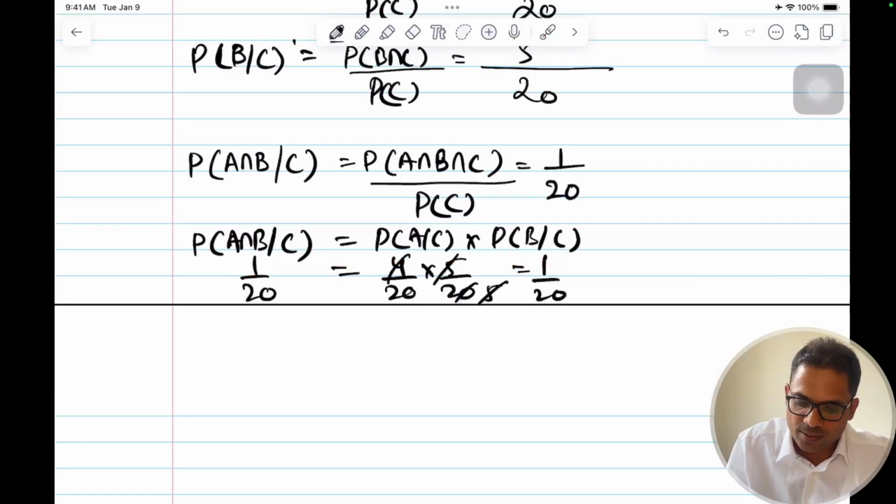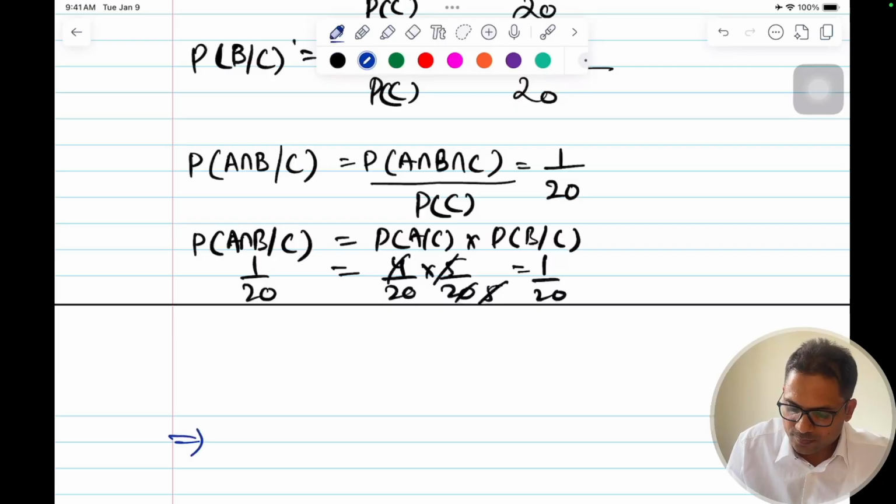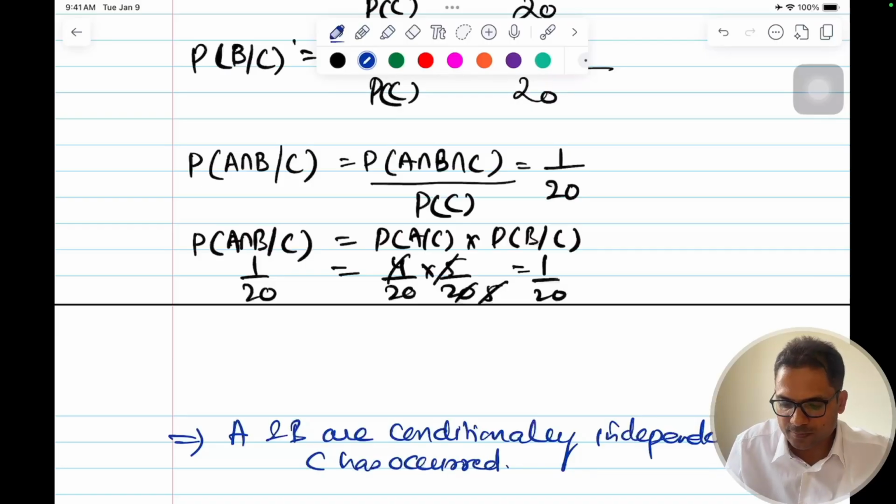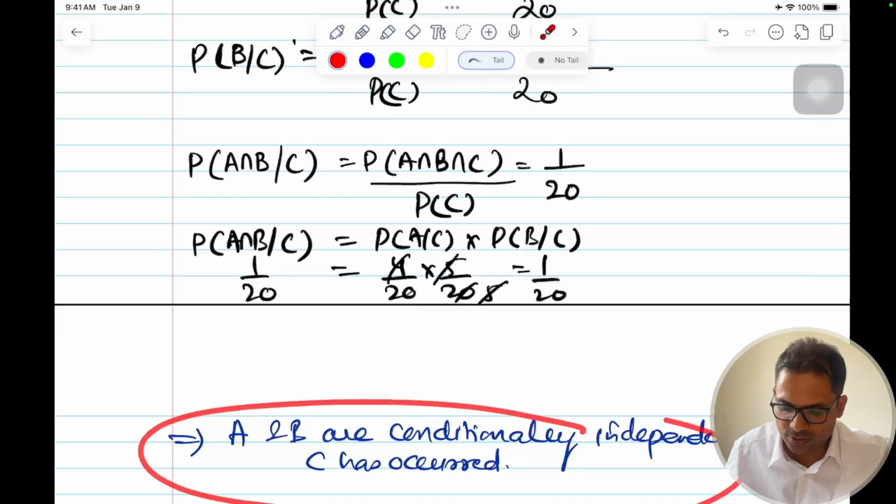And from here you can say that A and B are conditionally independent, given C has occurred, right? I hope you understood this.